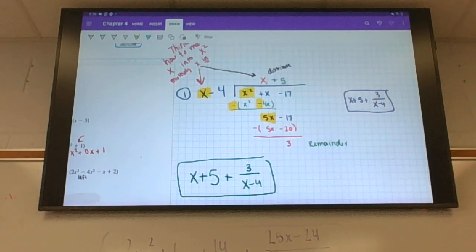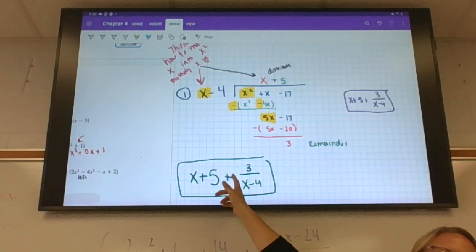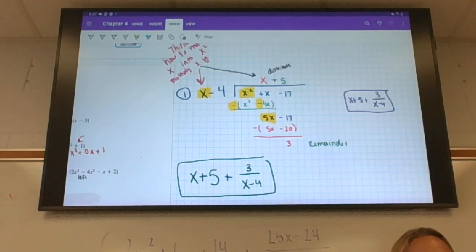Remainder 3. Take a look at how you've written your answer. There's a plus sign in between the thing up top and the remainder. We are headed to page 337 to look at yesterday's problems.